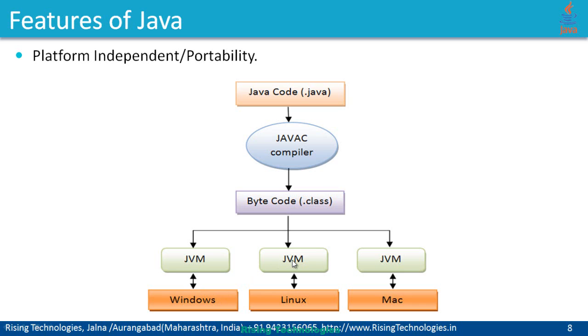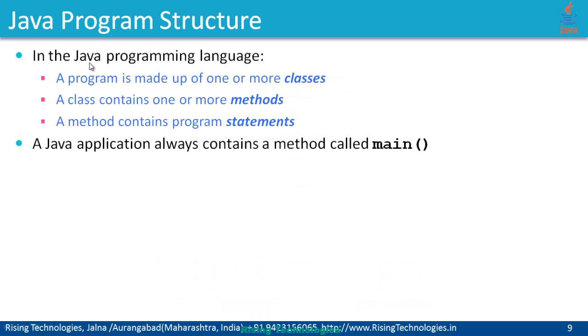The JVM designed for the Linux operating system is going to read this bytecode and translate it into native code that is understandable by Linux and other operating systems. So I hope this image makes the idea clear why Java is called a two-stage system. Okay, so let's have a look at the Java program structure.